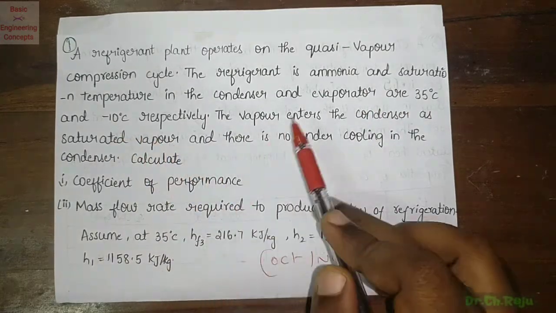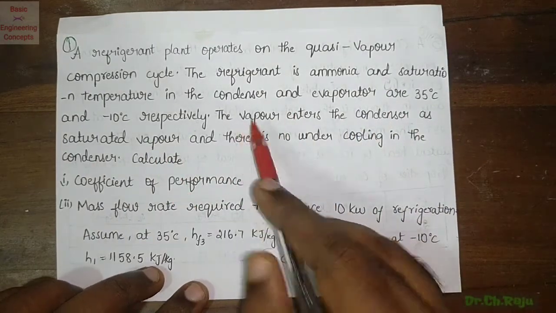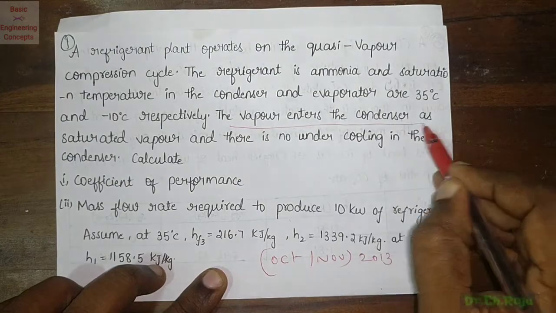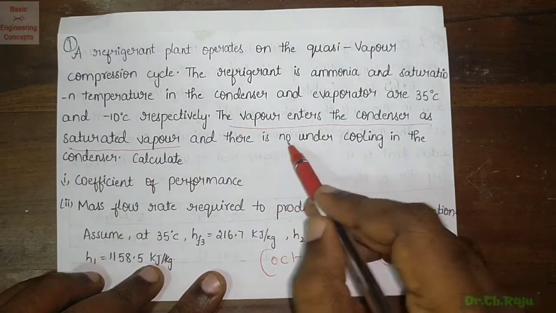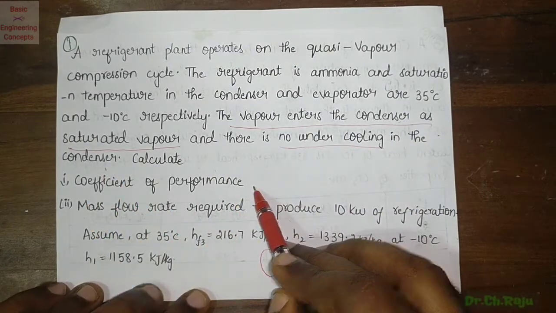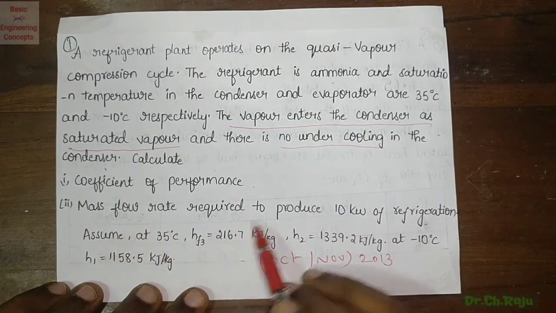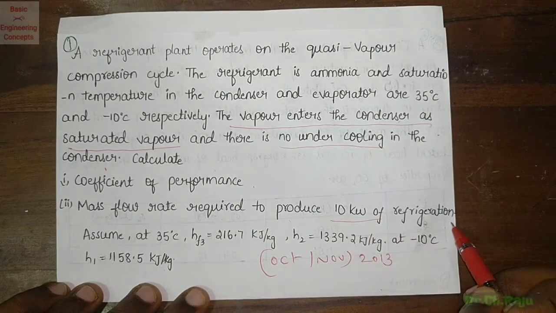The vapor enters the condenser as a saturated vapor. So here, a very important point: the vapor enters the condenser as a saturated vapor and there is no undercooling in the condenser. Calculate the coefficient of performance. And second, the mass flow rate required to produce 10 kilowatts of refrigeration.